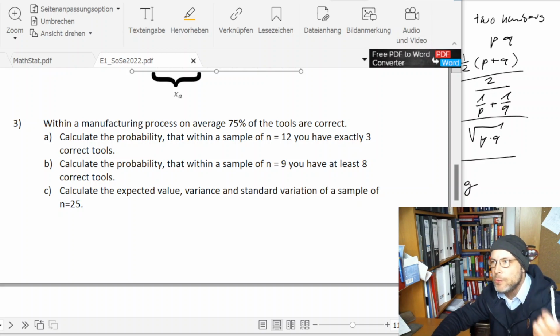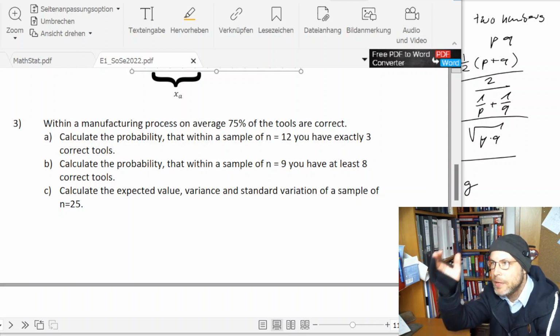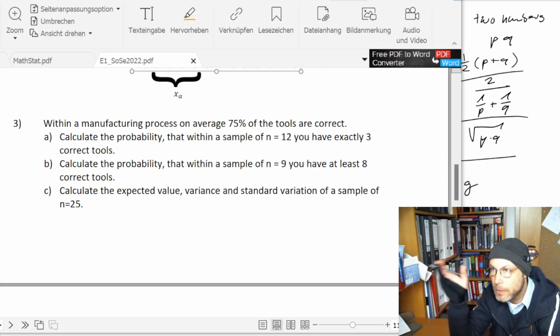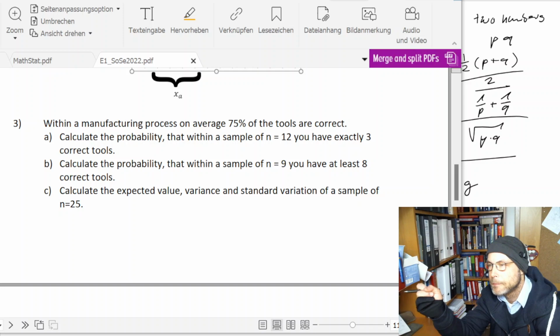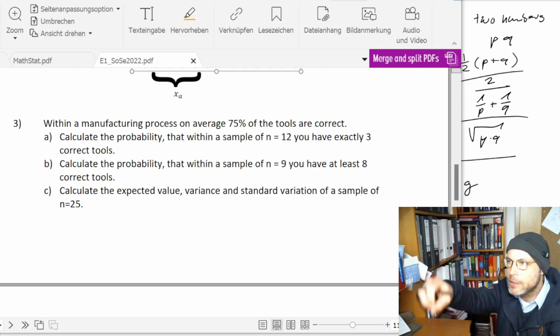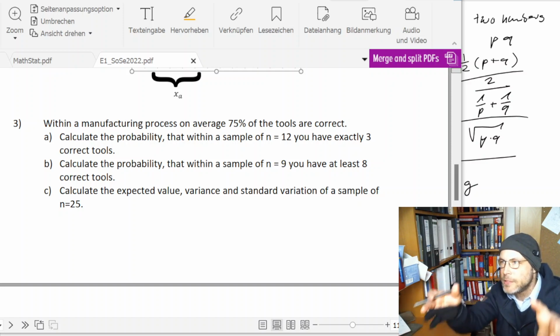So to speak, you have 2 results. Your random variable can be correct, 1, or not correct, 0. And we are drawing out of a total sample of 12.